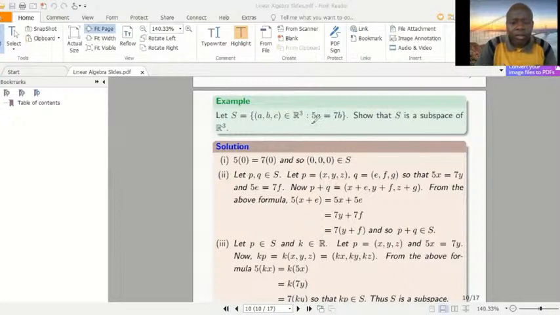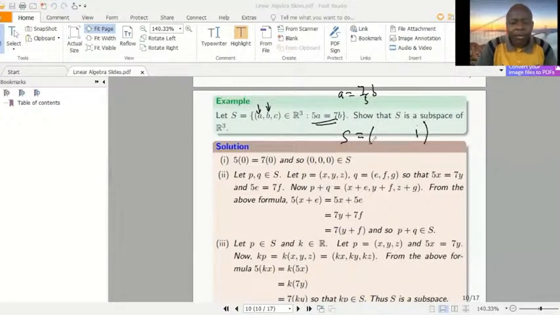So the condition is this. For (A, B, C), you're only given the condition about the first and the second element. When you look at this, it means that A should be the same as 7 out of 5 B. That means I have no problem with C. C can be anything.